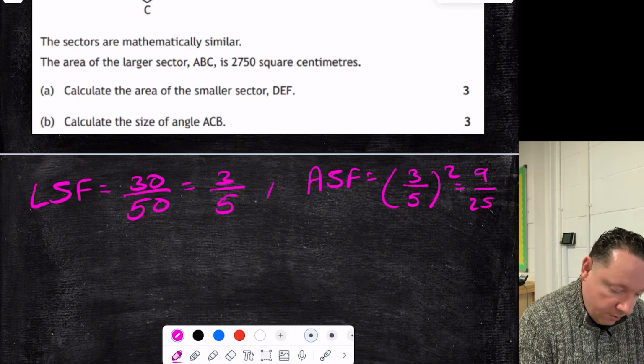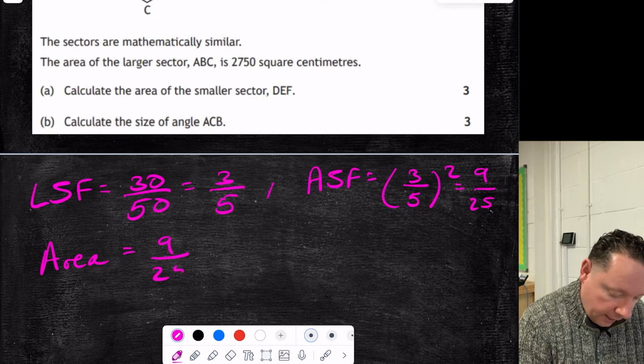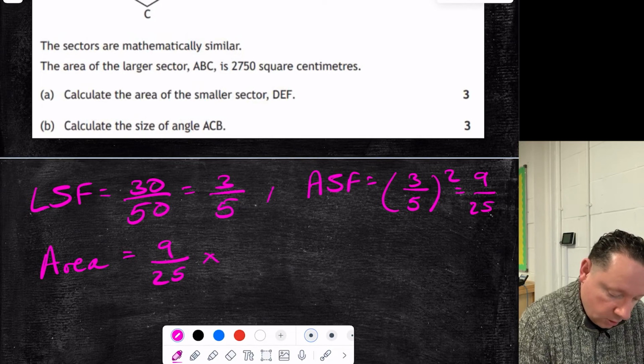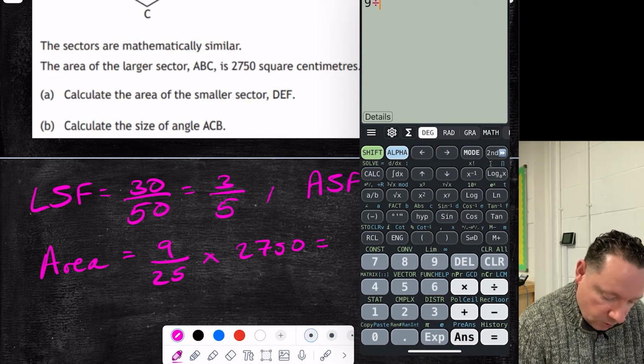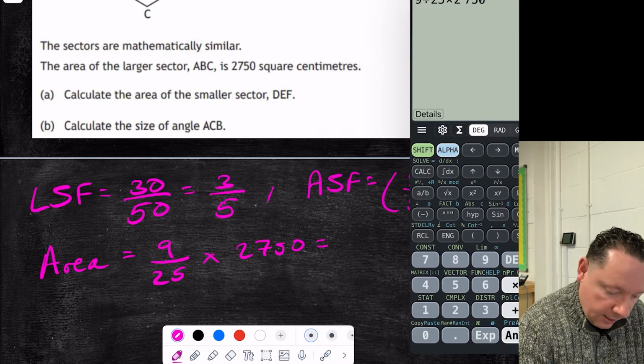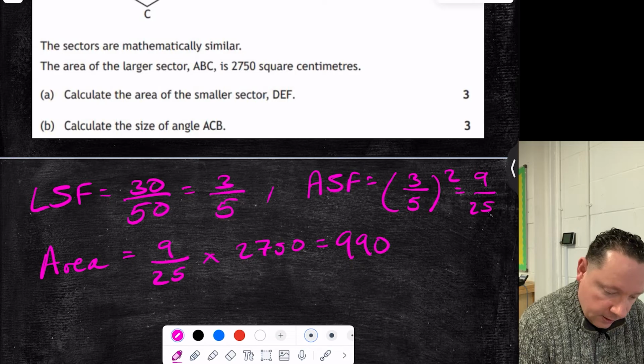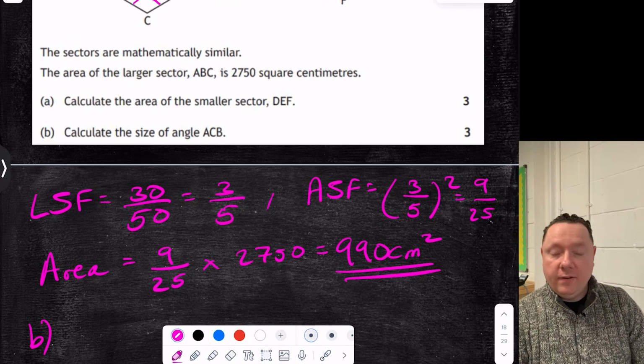So now to get the area of the smaller sector, we just take our scale factor and times by the area of the big sector, which is 2750. 9 divided by 25 times 2750 is 990. 990 centimetres squared. And we're done there. It says calculate the size of angle ACB.